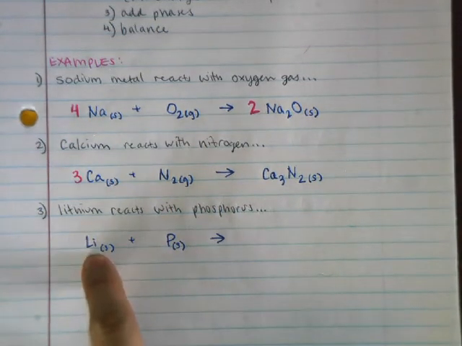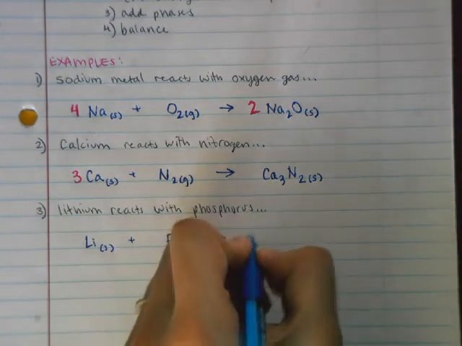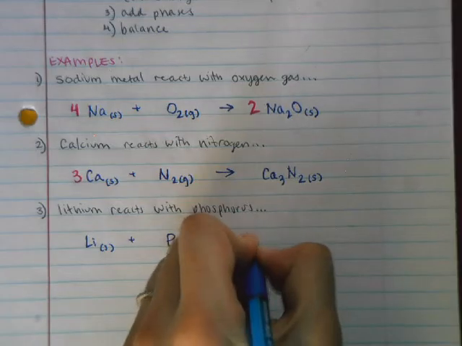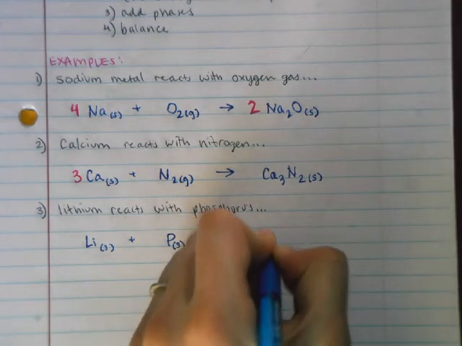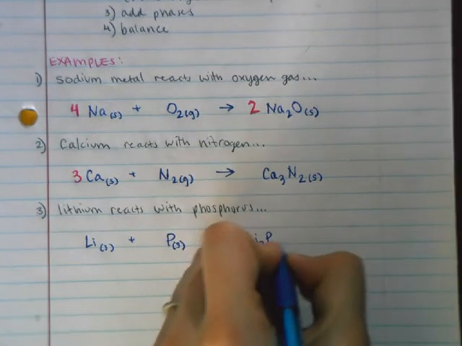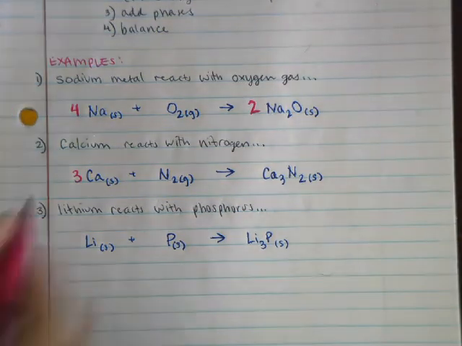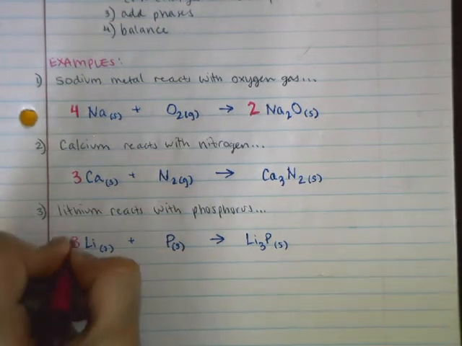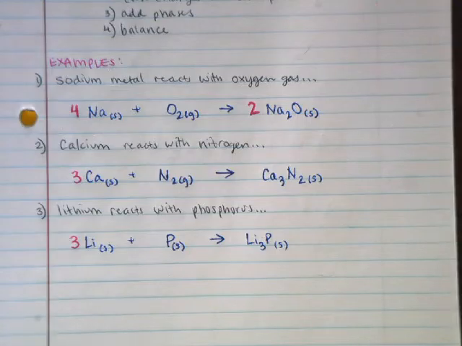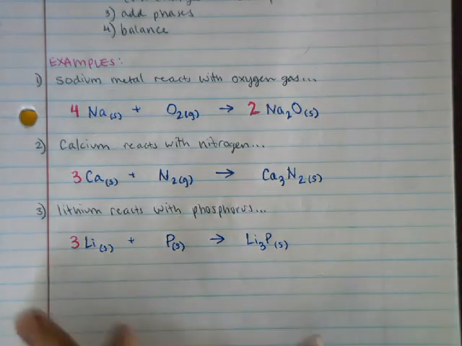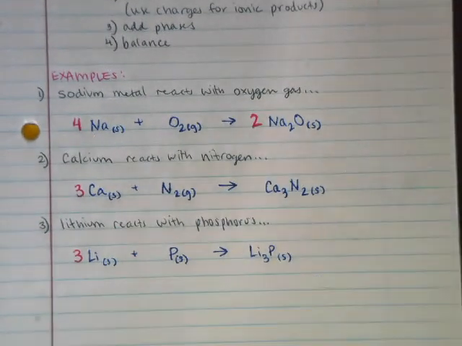Lithium only loses 1, so it's going to be a 1 plus. My product is lithium phosphide, which is Li3P, which is also going to be a solid. To balance this, I just need a 3 right out here. And done. So synthesis reactions: 2 elements reacting to form 1 compound.